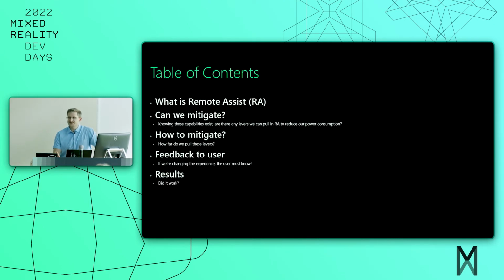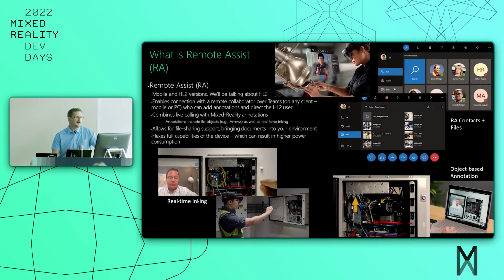So what is Remote Assist? There's two versions. One is for mobile and one is for HoloLens, and this is specifically going to be talking about HoloLens. And the idea is it enables connection with a remote collaborator over Teams. So you have one person, let me turn on my little laser again, who maybe is doing some work looking at a control panel, for instance, and he's in this Teams call with another person who can, up at the top, see what is being seen by the HoloLens, and they can also annotate in real time what that person's seeing.